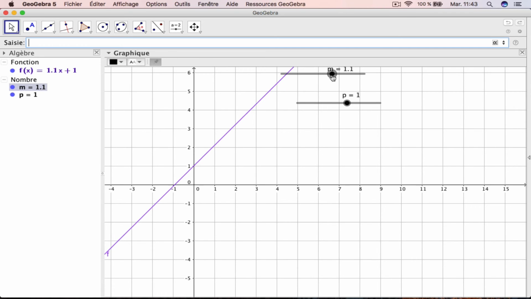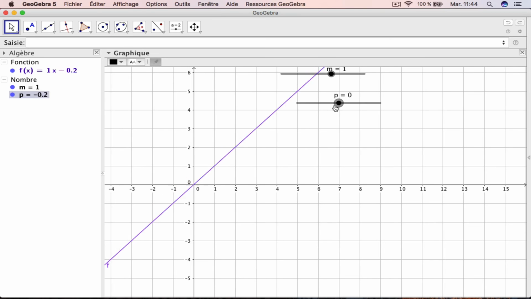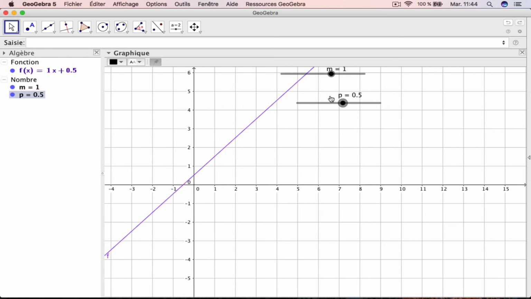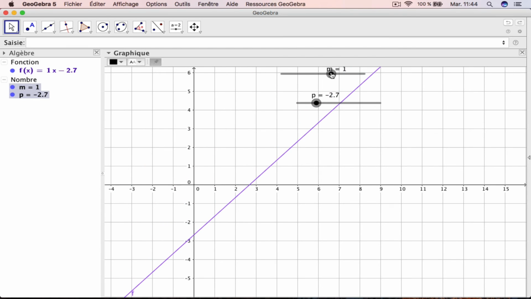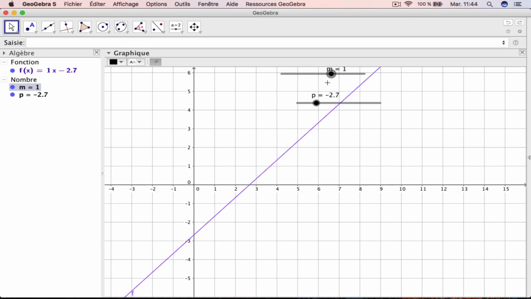So we can have a look at the effect of changing the m value and the effect of changing the p value. We can observe that when we move p, the line just goes up or down, and when we change the m value, it rotates. Okay, that's not the same effect, but that's not the purpose of this video.